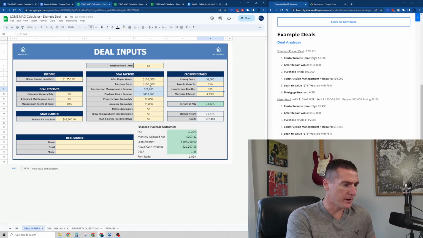So we need to be at a $100,000 purchase price in order to have a $1,250 monthly income and an ARV of 165.